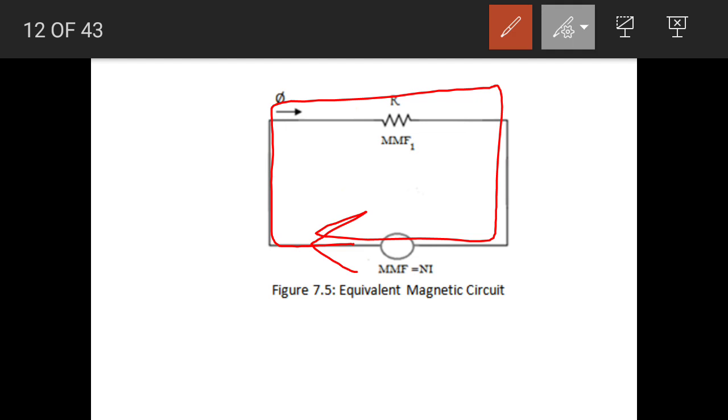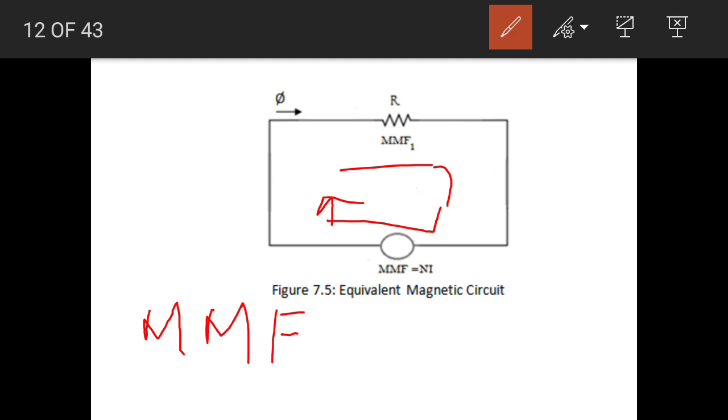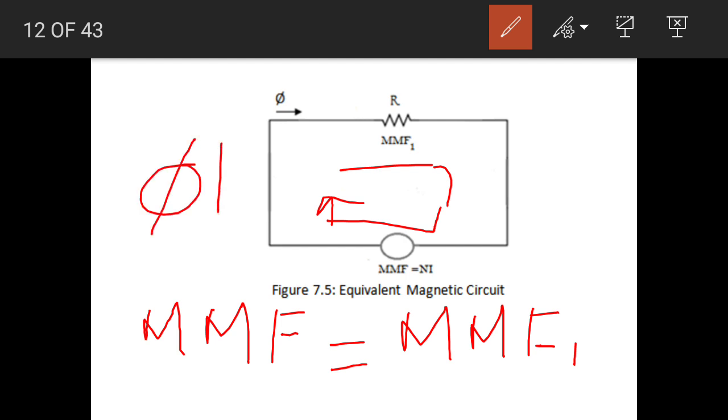So you see, if we apply a law which is analogous to KVL to this loop, MMF will be equal to MMF1, and MMF will be equal to phi R in this particular magnetic circuit.